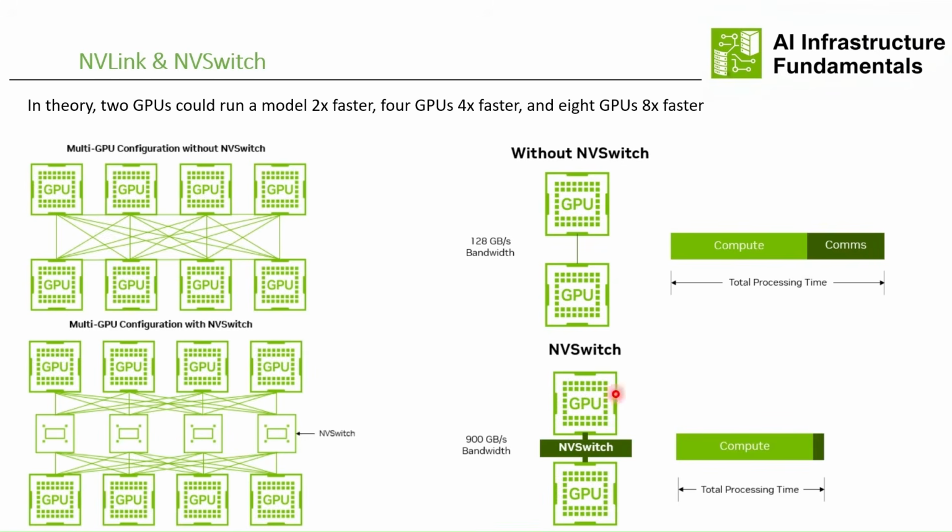But with NVSwitch, the communication time has really gone down, and therefore it's just the compute time that the GPUs are taking. So this is about NVLink and NVSwitch. Hope you have found this helpful, and hope you have got clarity as to how NVSwitch is really accelerating the connectivity between two GPUs or multiple GPUs. Therefore, that's resulting in improved speed and lowered latency for AI workloads.